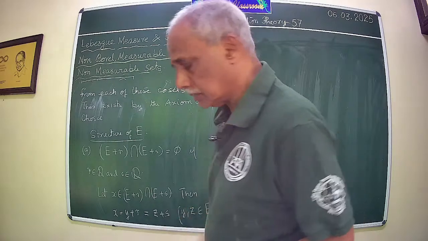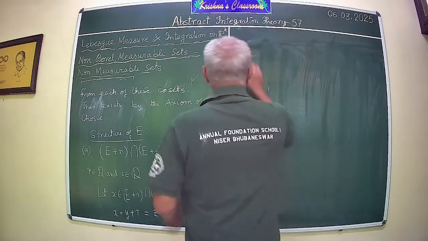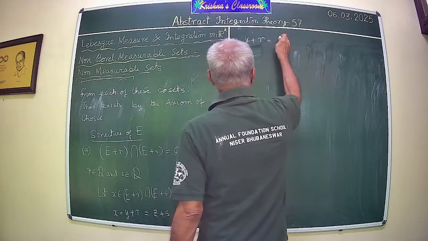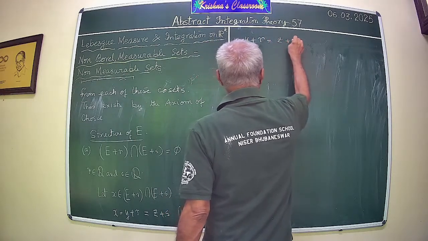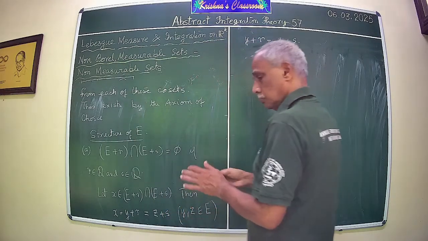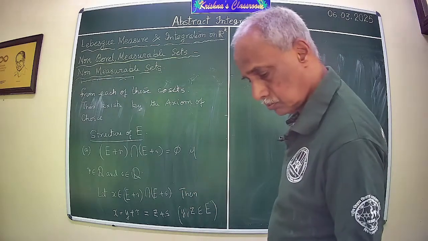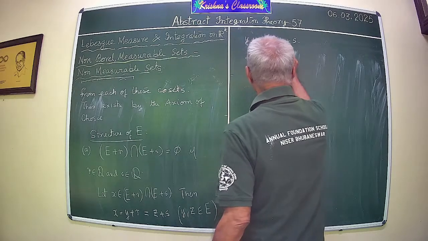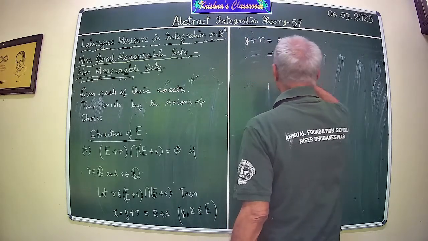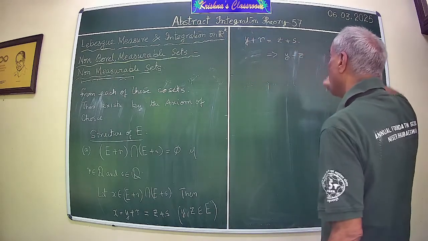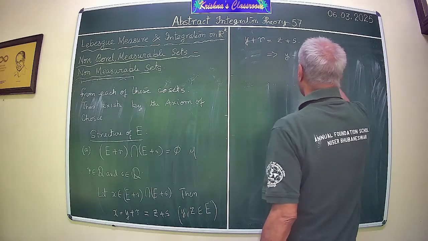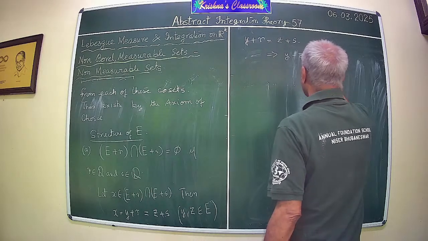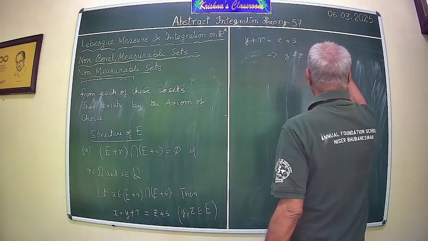What is the consequence? The consequence is that y plus r equals z plus s, therefore y minus z is equal to s minus r, which belongs to Q.